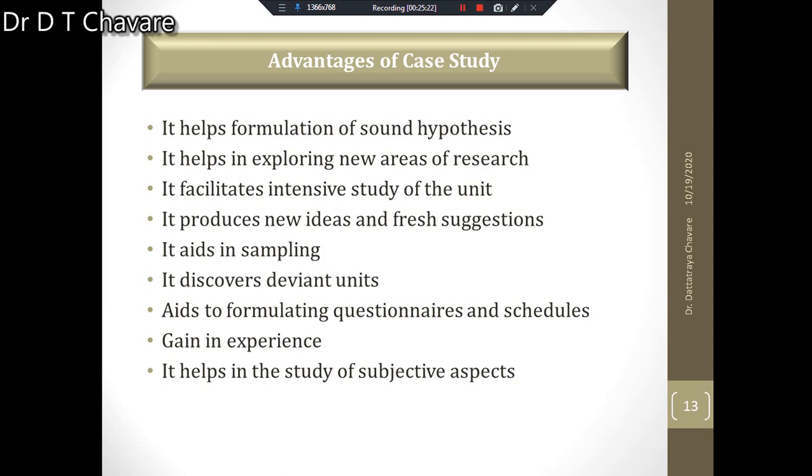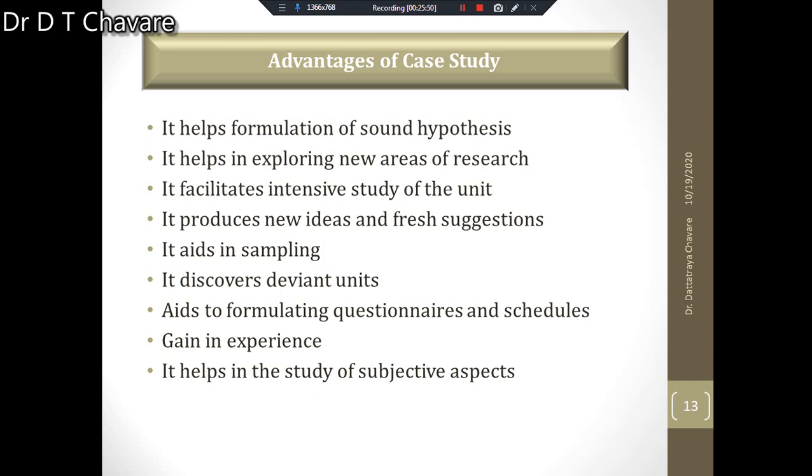Case study method believes in uniformity of the human nature and does the in-depth analysis of the representative cases. Finally, it ends with generalization, which proves as a sound hypothesis for a research on a broader level. This is the first advantage.